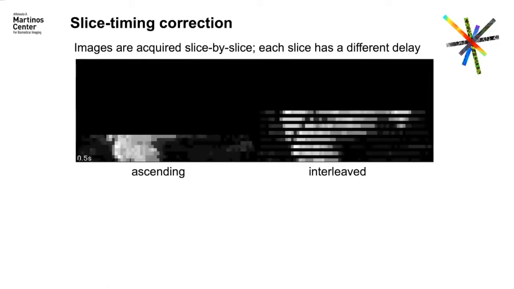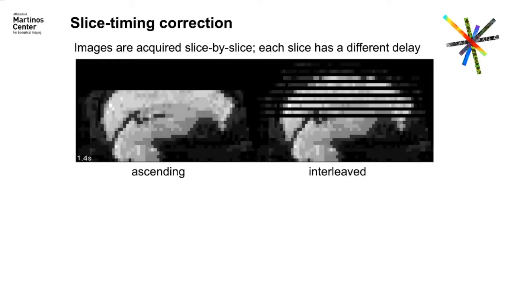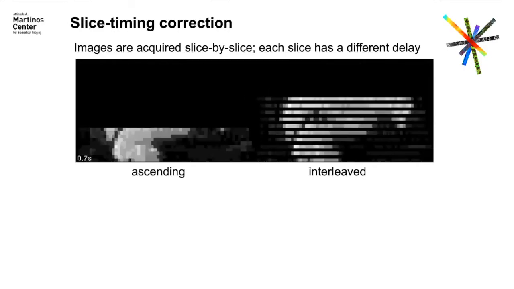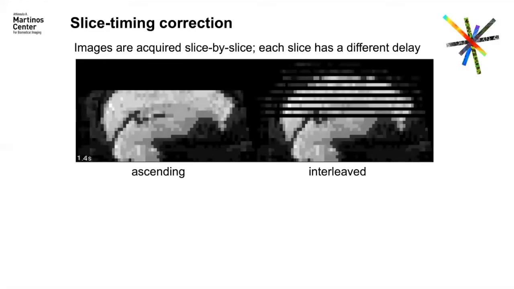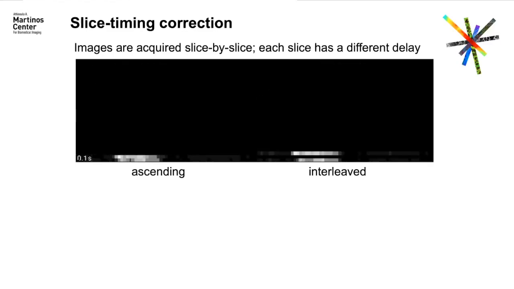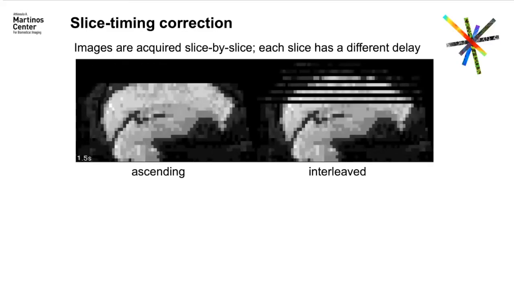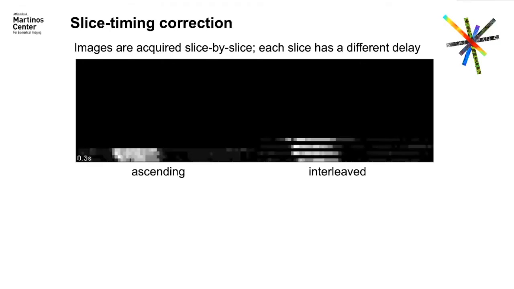Then some more pre-processing steps. This video shows how the slices are acquired. So in an ascending approach, you start from the bottom of the brain and then you proceed to the top of the brain.